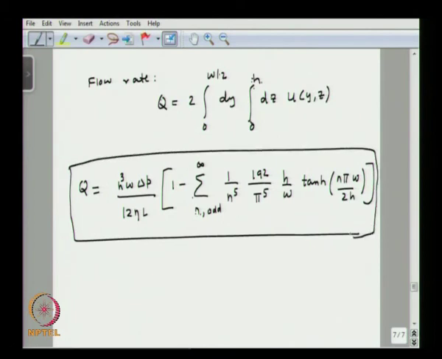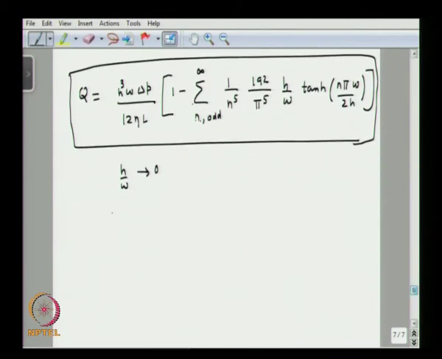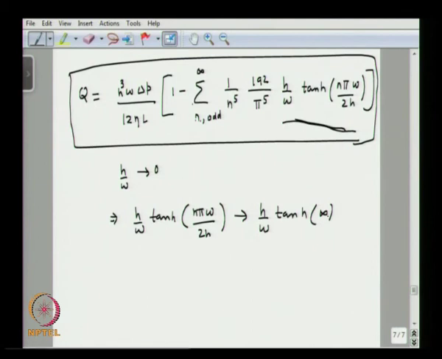Okay. Now, in the limit h by w tending to 0, what do you get? In that limit, this term, h by w tan hyperbolic of n pi w over 2h, would become h by w into tan hyperbolic of infinity, right. So, h by w is 0. So, the height is very small compared to the width.